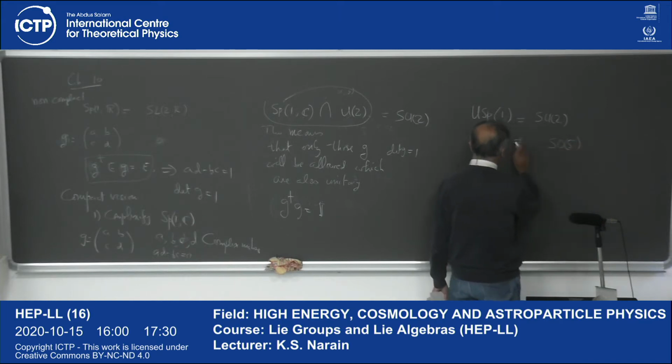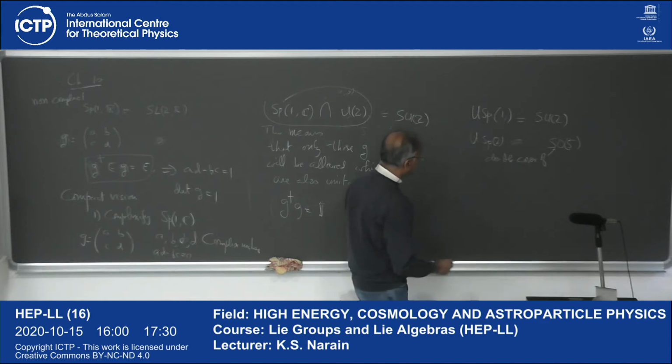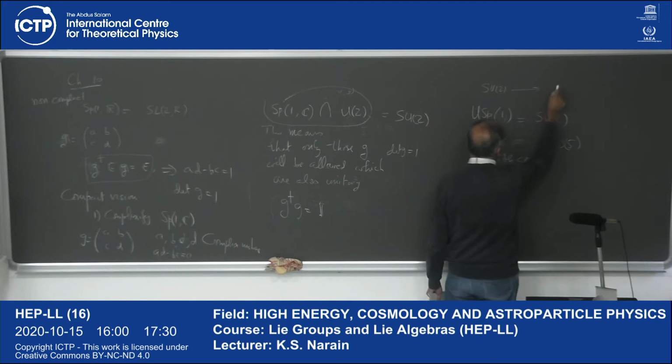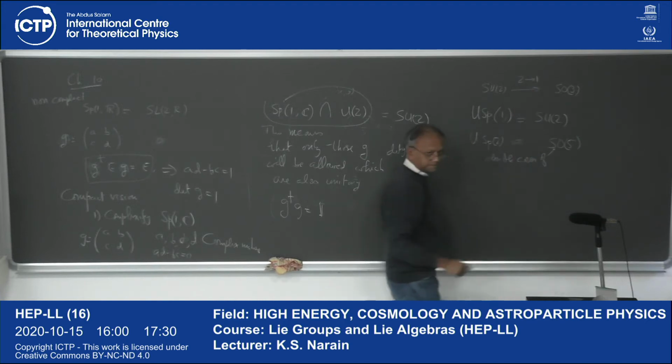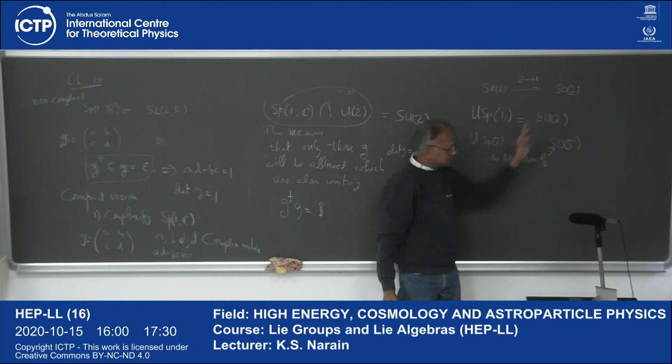More precisely, it's a double cover of SO5, just like SU2 was a double cover of SO3. A double cover is a 2-to-1 map. Two points of this group are mapped to the same point of SO5.